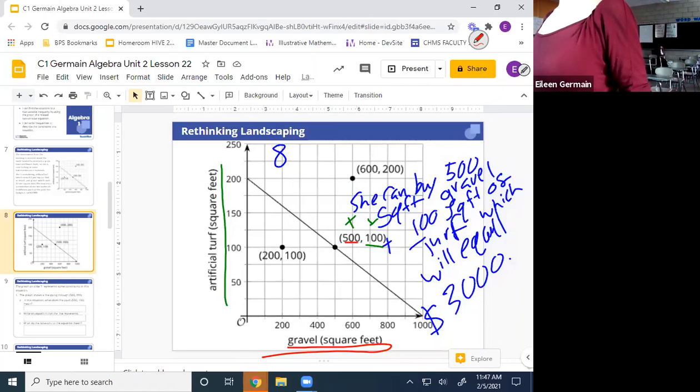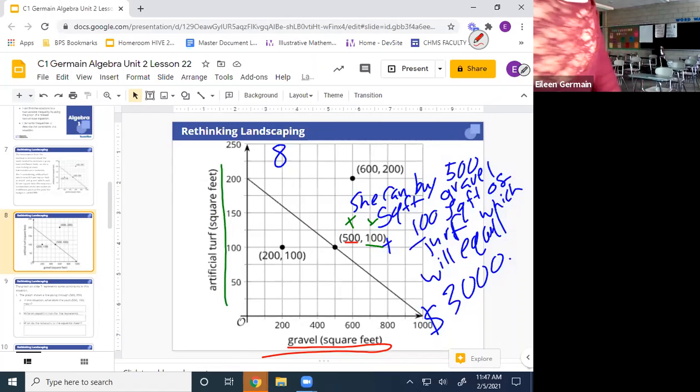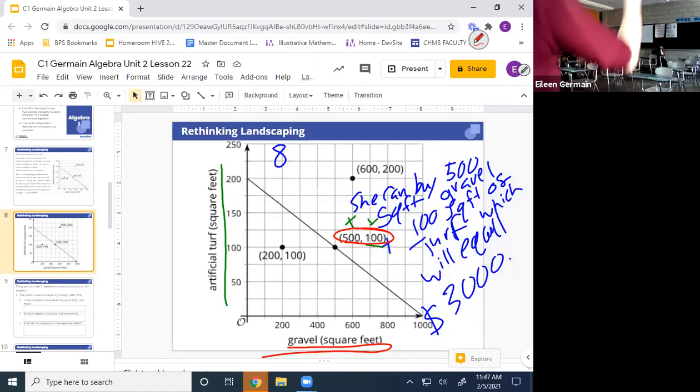If we look at the equation that someone created, what would be the equation for this line? I want you to take it one step back. We're not using this point to create the equation. We're using the prices that they gave us on the previous slide. So, Max, what were you thinking the equation for this would be? 3x plus 15y equals 3,000.